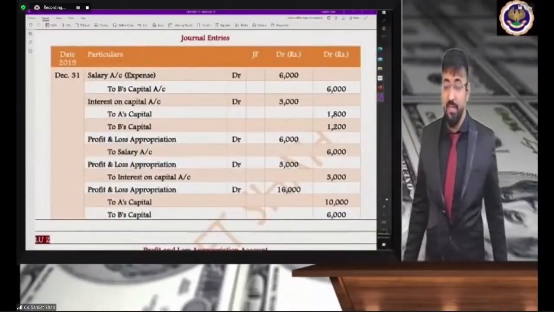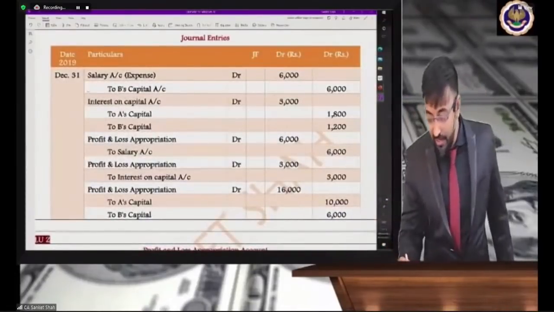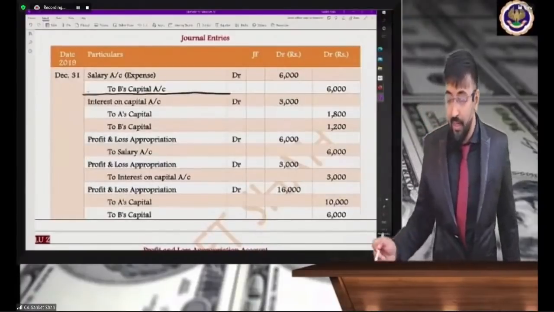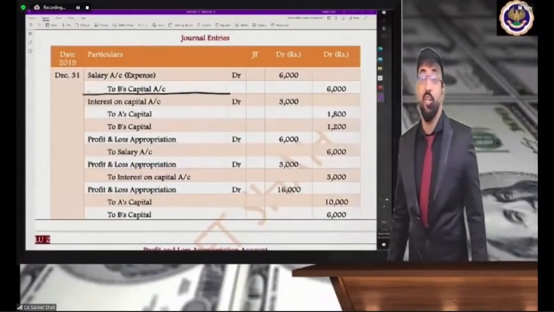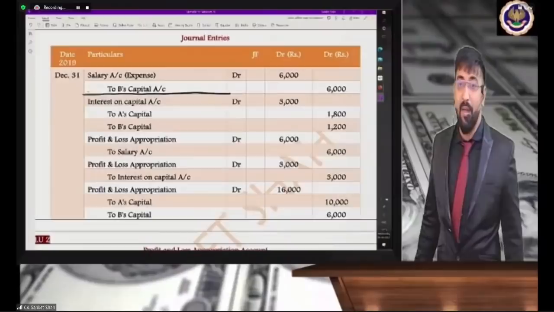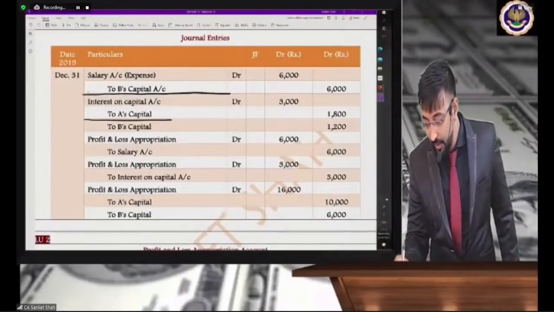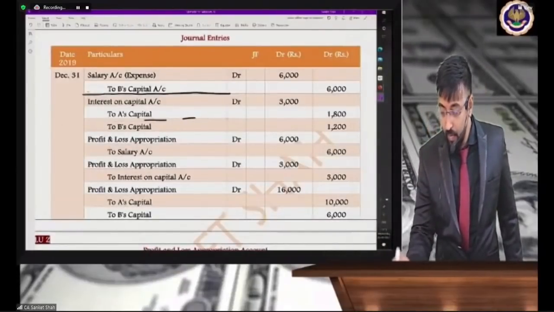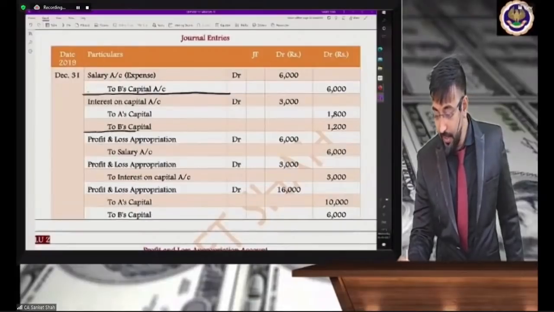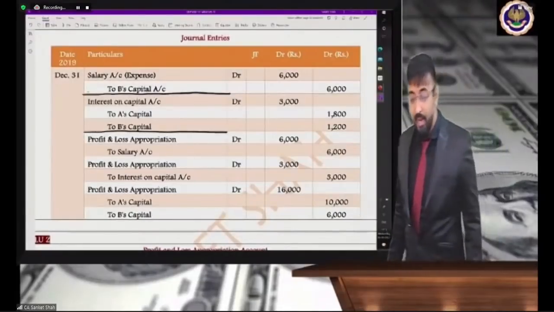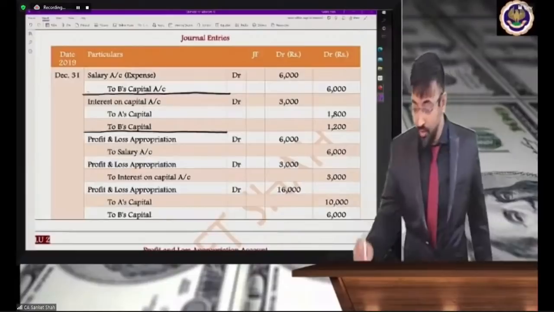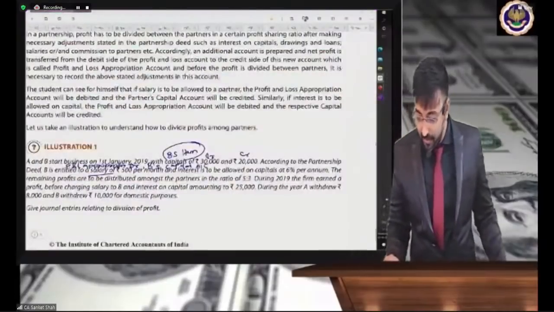ICAI has not given you a salary account directly. ICAI has given P&L appropriation account debit to B's capital account. First entry we have completed.